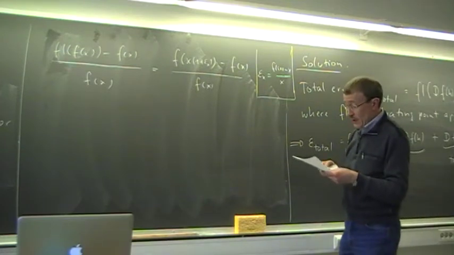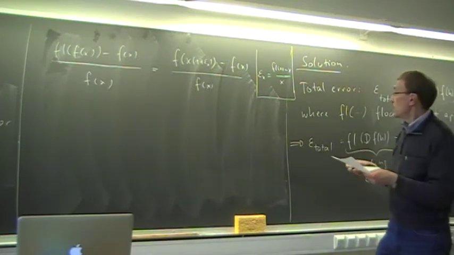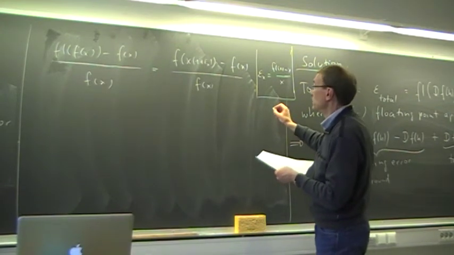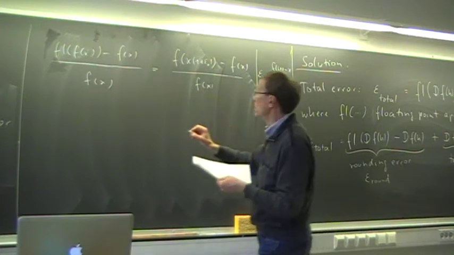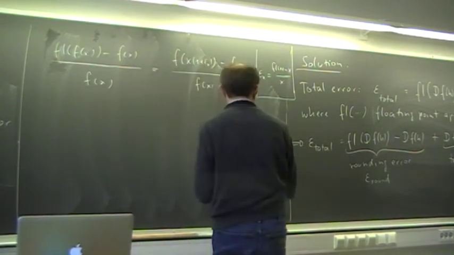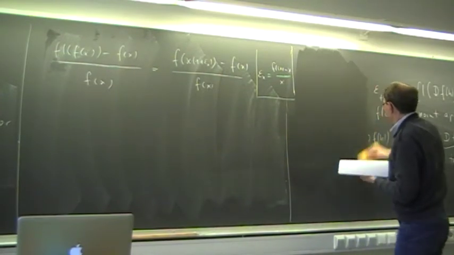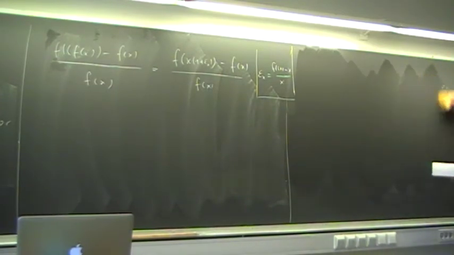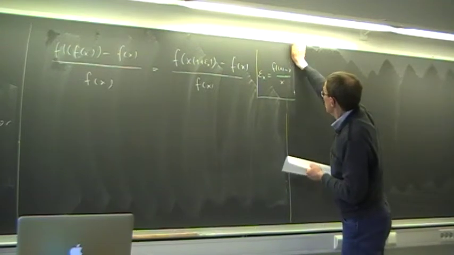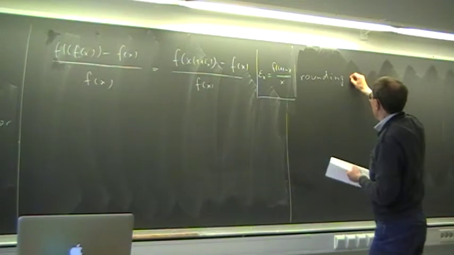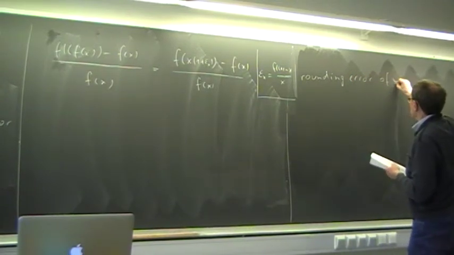And for that, we know something. So that is the rounding error of x. This that we have here is the rounding error of x.